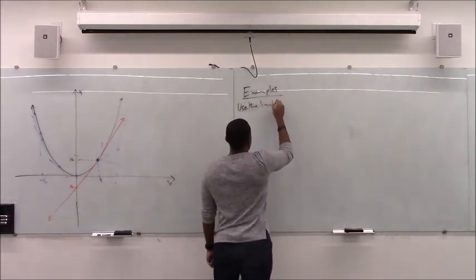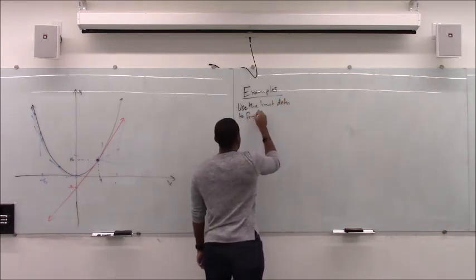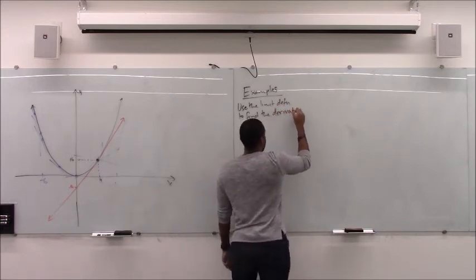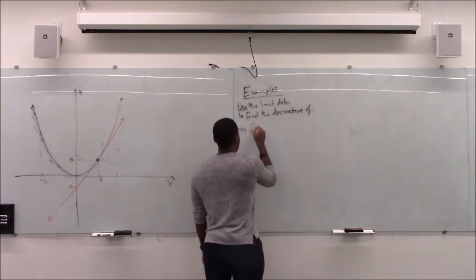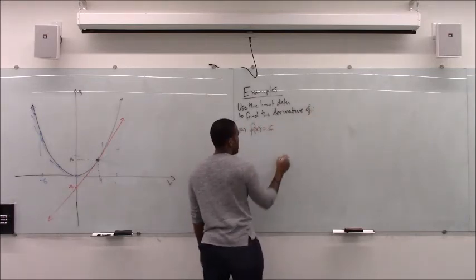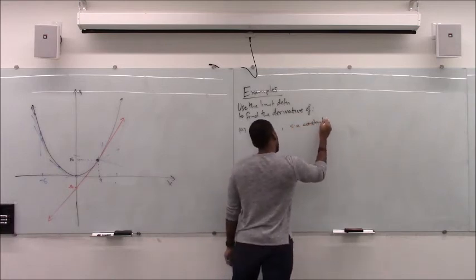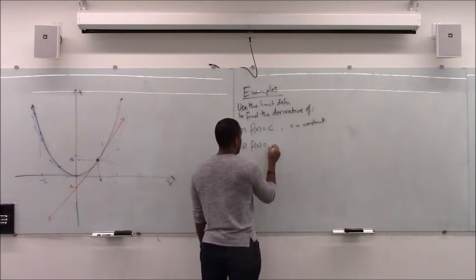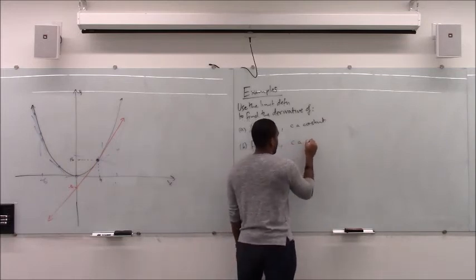Use the limit definition to find the derivative of A. Let's say our function is a constant, let's say C. B, suppose our function is a constant times x. Right?